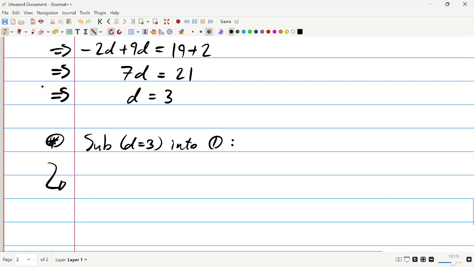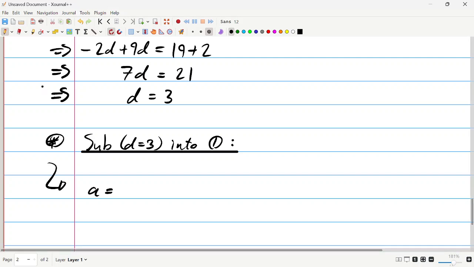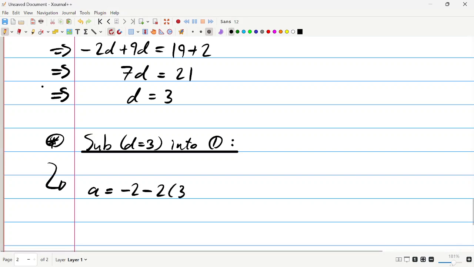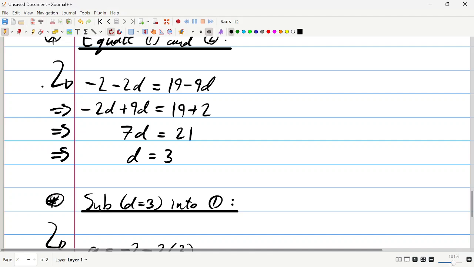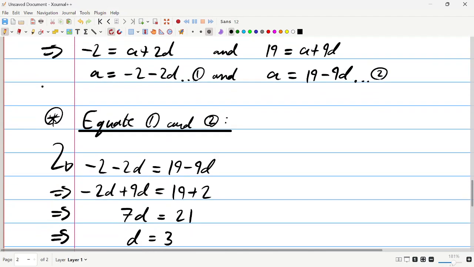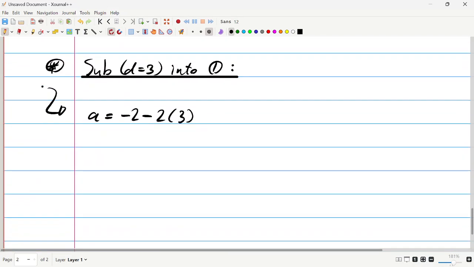What is A going to be equal to when D is equal to 3? It's going to be negative 2 minus 2 times 3. And that implies it's negative 2 minus 6, which is minus 8. So we know A is equal to negative 8.